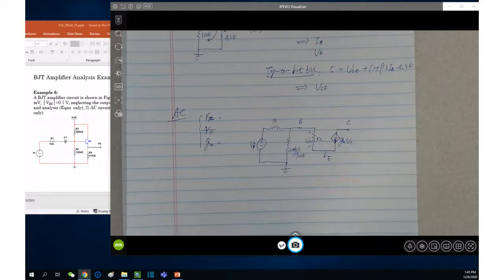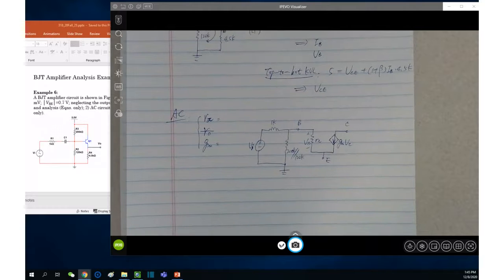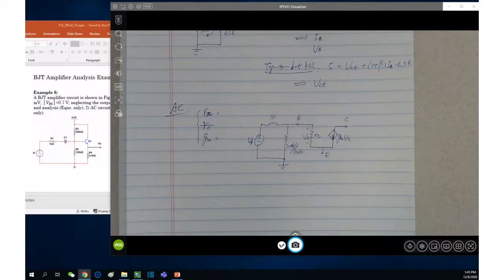Sometimes the source is named as VS, sometimes VI, but it doesn't matter. You understand the AC source here is the one in the denominator when we try to find the gain, right? Okay, this is the base.